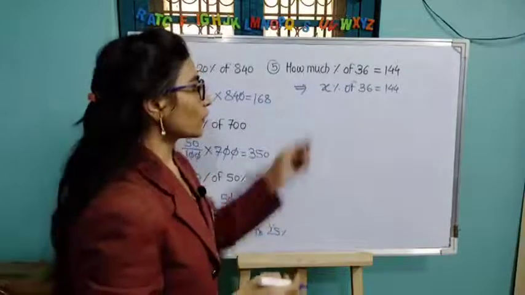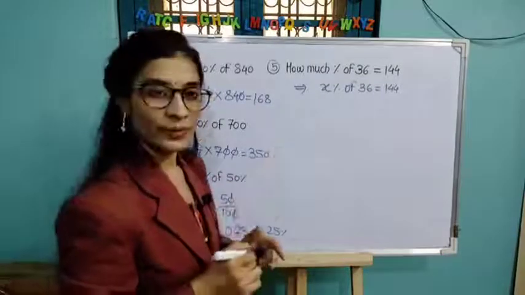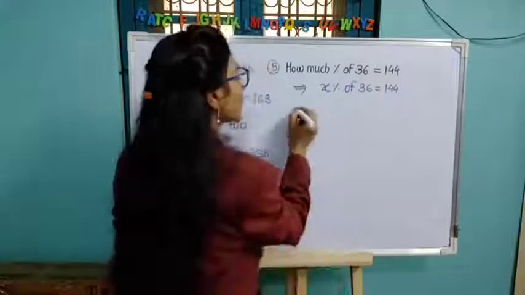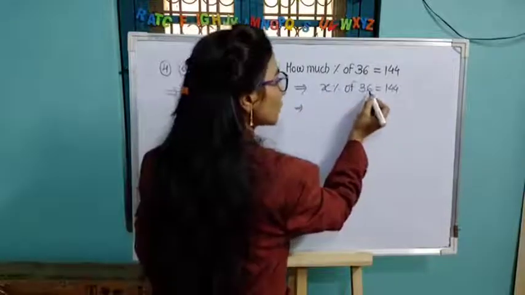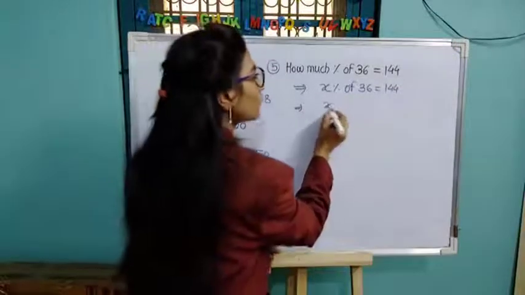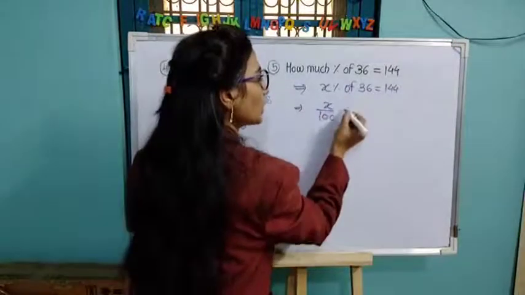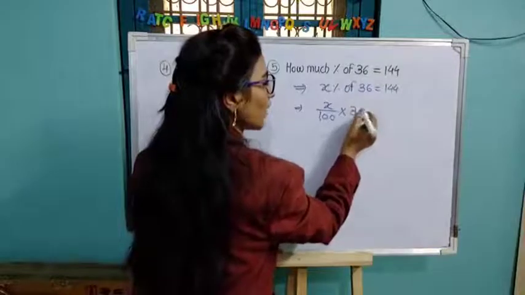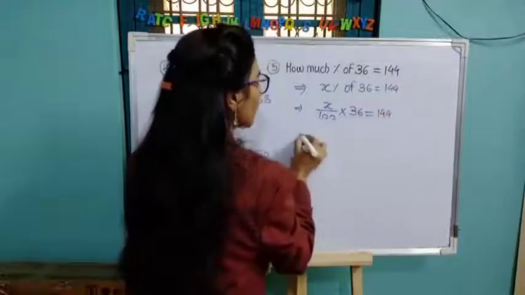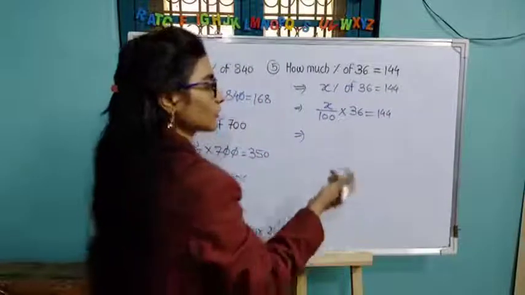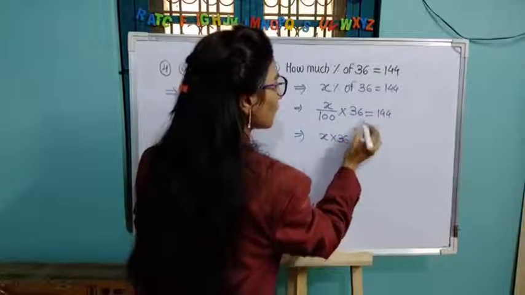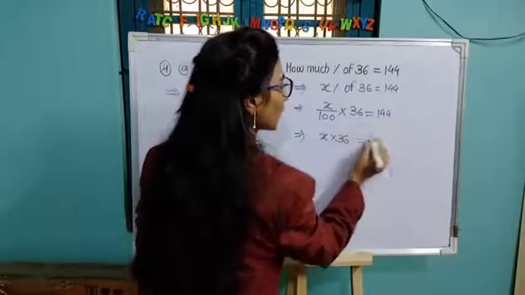Okay, so x is a quantity whose value will be different. Okay, suppose according to the question. So now what do we have to do? X percentage of 36 is equal to 144. So x percentage is x upon 100. Of means multiplication, 36 will be as it is, and the result of this one is 144. To arrange this kind of equation, what do we have to do? X into 36 is equal to, we have to take this number to that side.